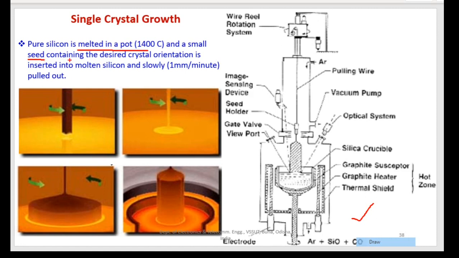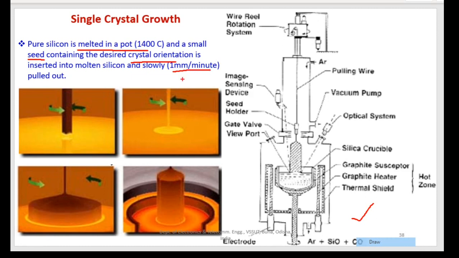The seed that contains the desired crystal orientation is inserted into molten silicon and slowly pulled out. What is the speed? Typical speed is around 1 millimeter per minute, so this is a very slow process.